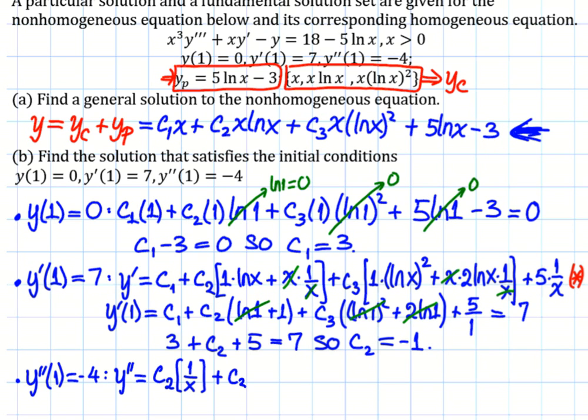C3, derivative of ln x squared, 2 ln of x, and then derivative of ln of x is 1 over x. That is the chain rule. Next, we only have 2 ln of x, which is 2, 1 over x.